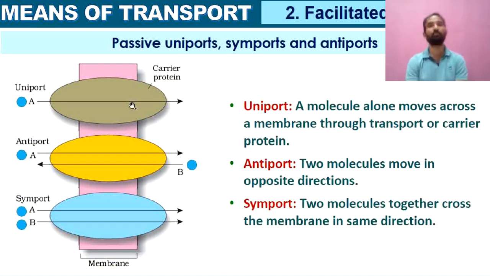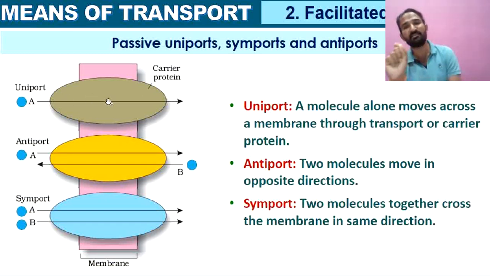Now coming to the next step: passive uniport, symport and antiport. How are molecules transported from one side to the other side across the cell membrane? Uniport means, as you see here, molecule A is present, and this molecule A is transported across the membrane from one side to the other side only.